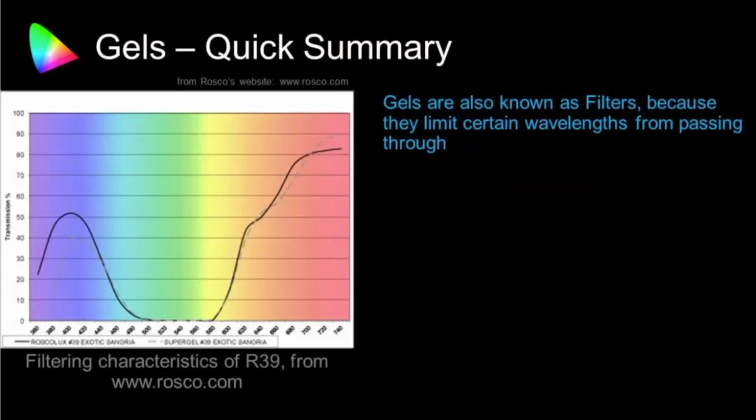It limits more of the cyan and green and yellow than it limits the indigo, the blues into cyan, and the yellows into ambers into reds. It allows more of those to pass, and it stops more of the greens. So this is just filtering whatever light is provided to it.